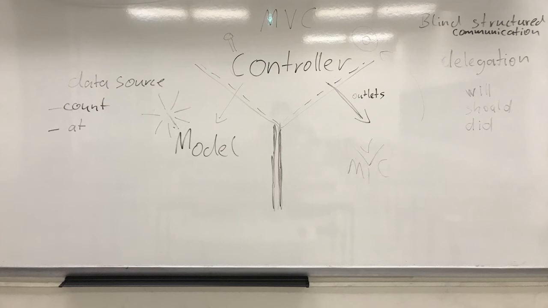Cool. So anyone want to tackle how communication might work between the controller and the model? Julian? Are the target actions the protocols? It's not a protocol. If you remember, with the calculator, we created this action inside the view controller, and then what Xcode did in the background for us is associate it, so this view can react to this action.